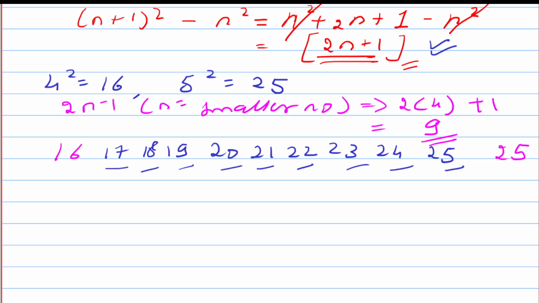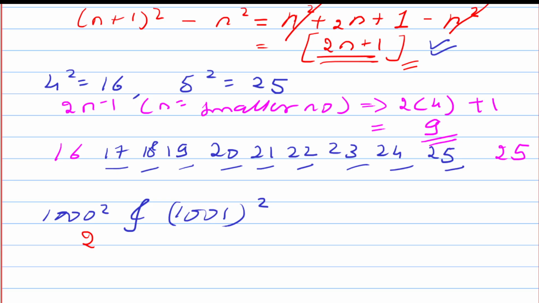Say in the textbook this example is given: 1000 square and 1001 square. Big numbers. Ideally you can try for whichever number, but let us substitute this in the formula. What are we doing over here?